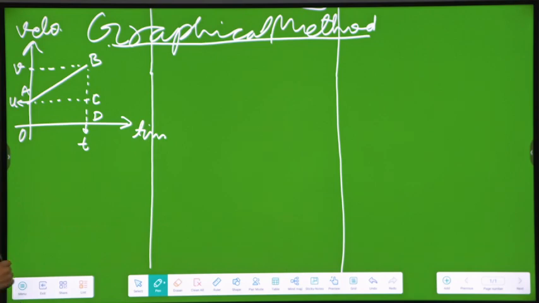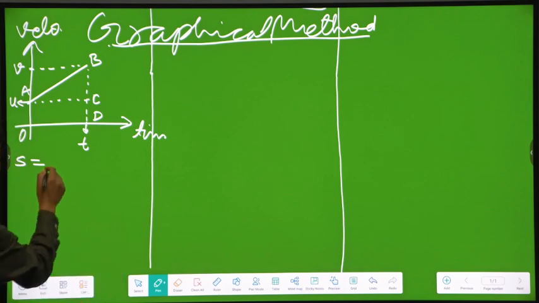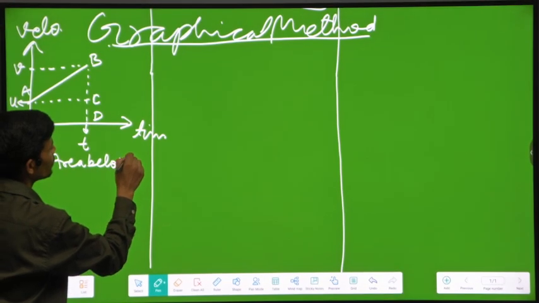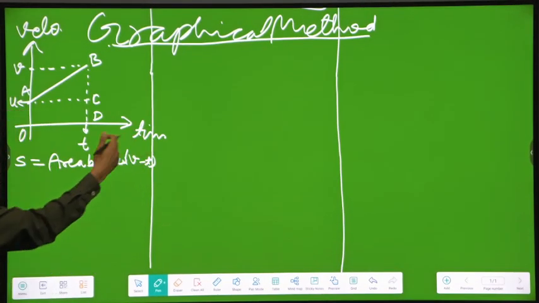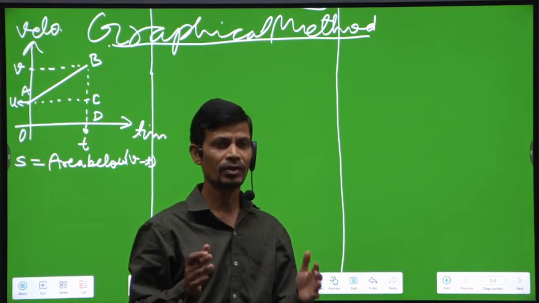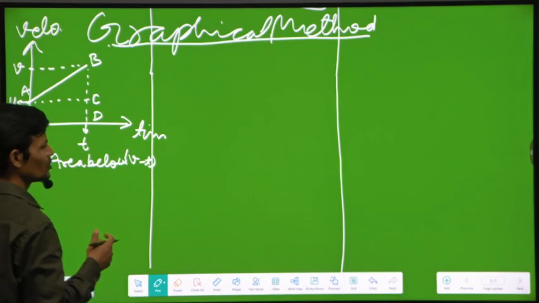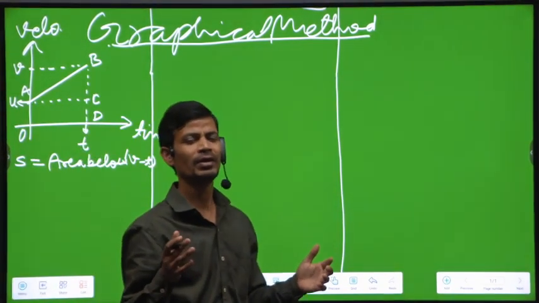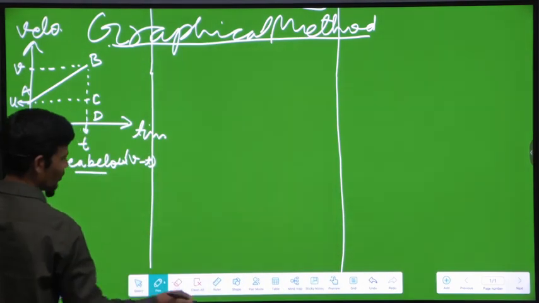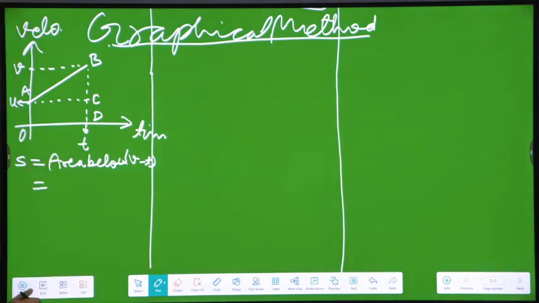So now S is equal to, we know for a VT graph, S is equal to the area below the VT graph, bounded by the time axis. That's important. Actually we should say more precisely, the area bounded by the VT graph line and the time axis. That's much better. But in general we can say it like this. It is less bulky and more understandable.